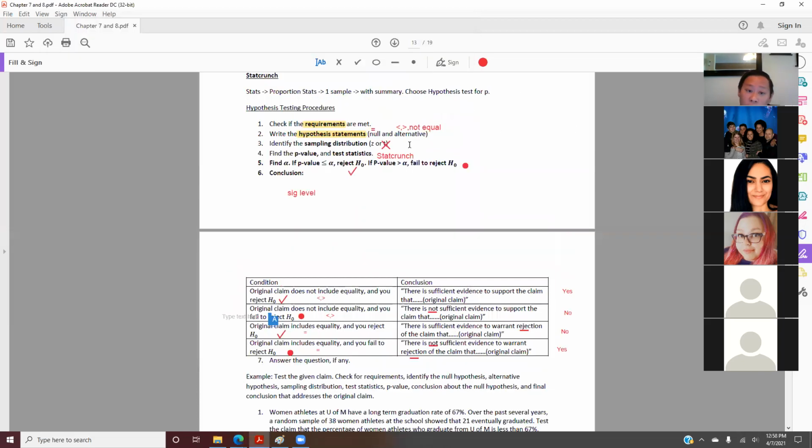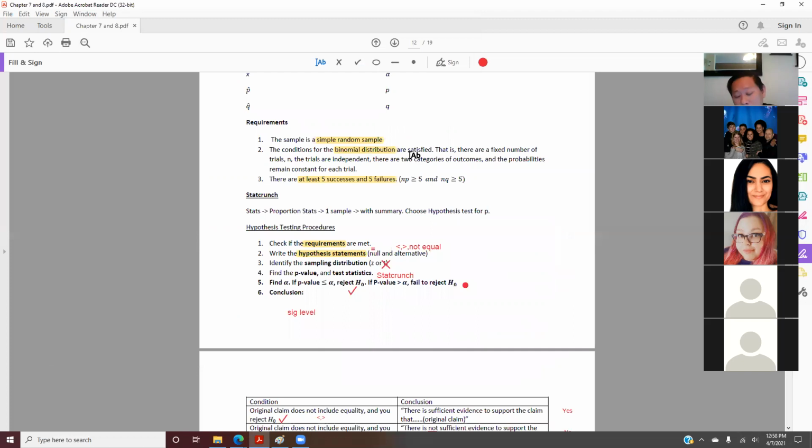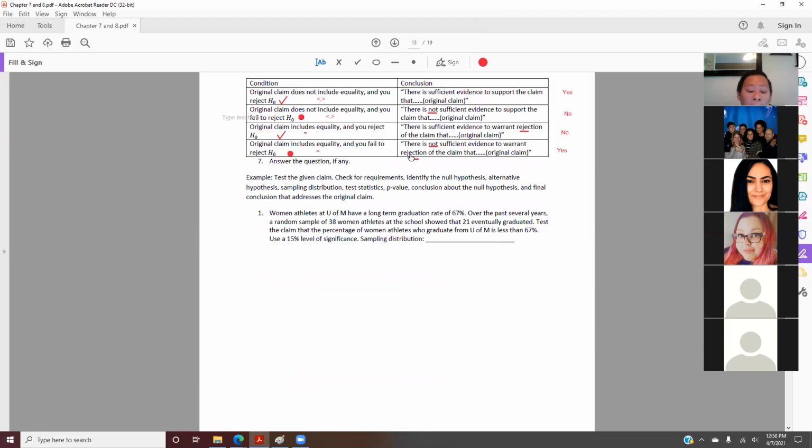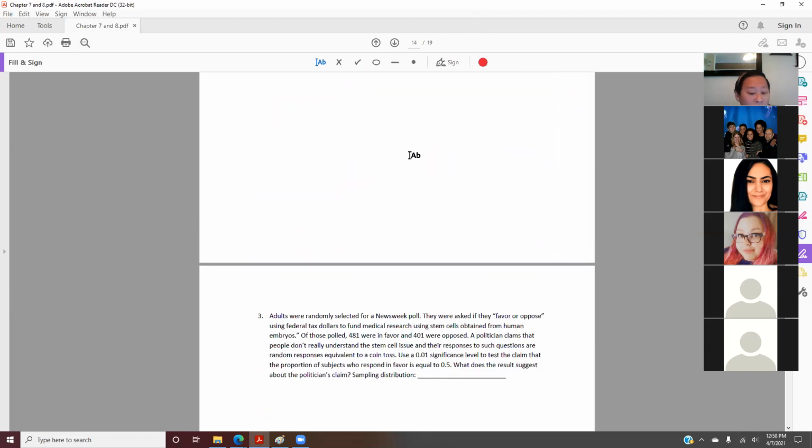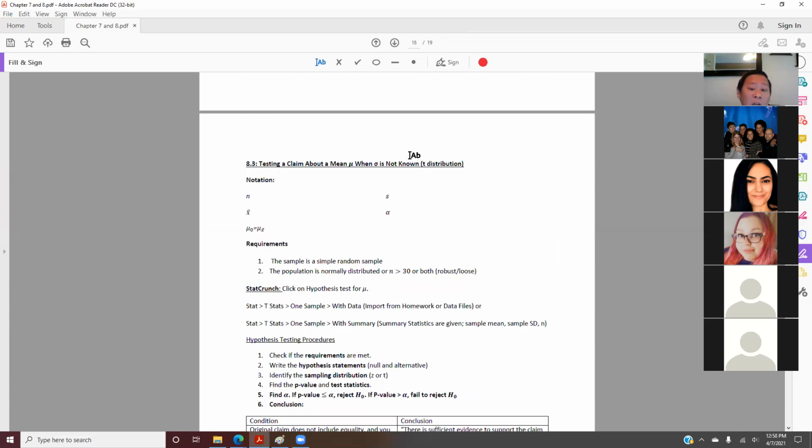So as usual, this is the proportion one that we talked about. For today's class, we will talk about the mean. For the mean, we will be using the t distribution. As I mentioned early on, the mean is for a quantitative variable. So make sure you know that we're talking about things like test score, height, weight, temperature.